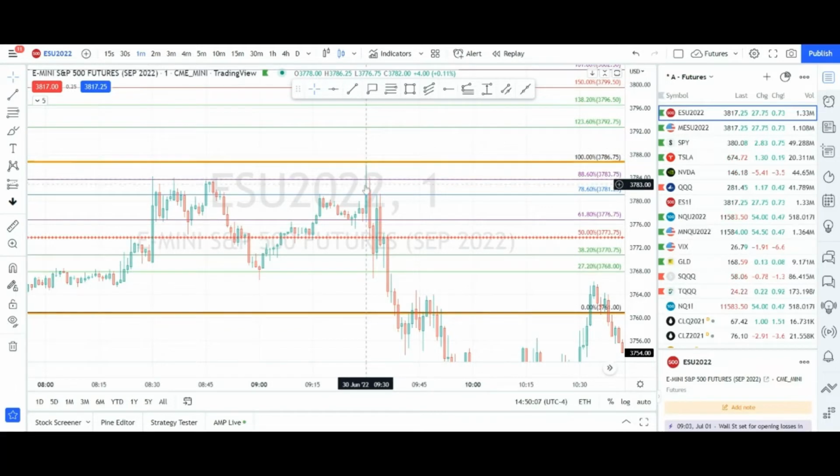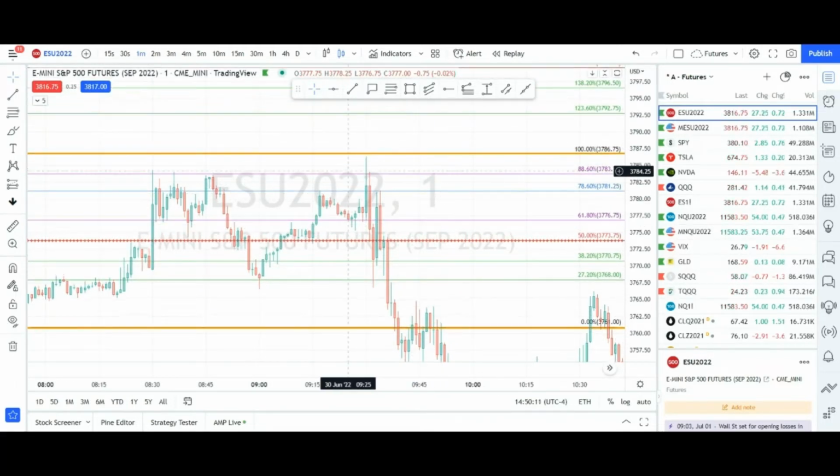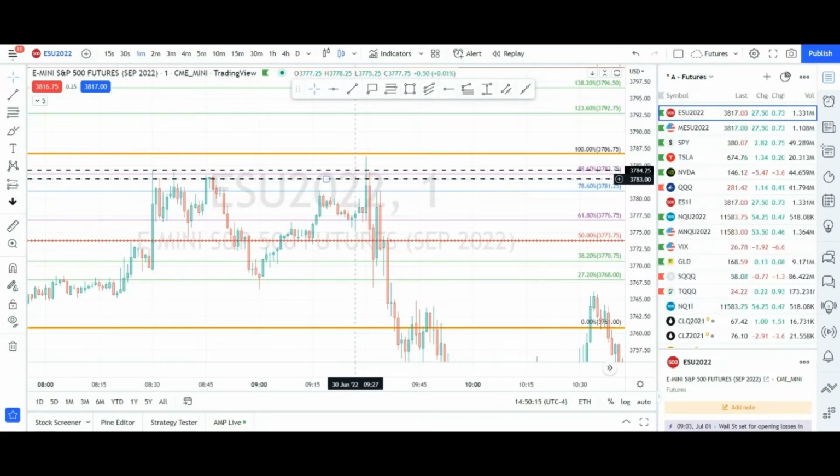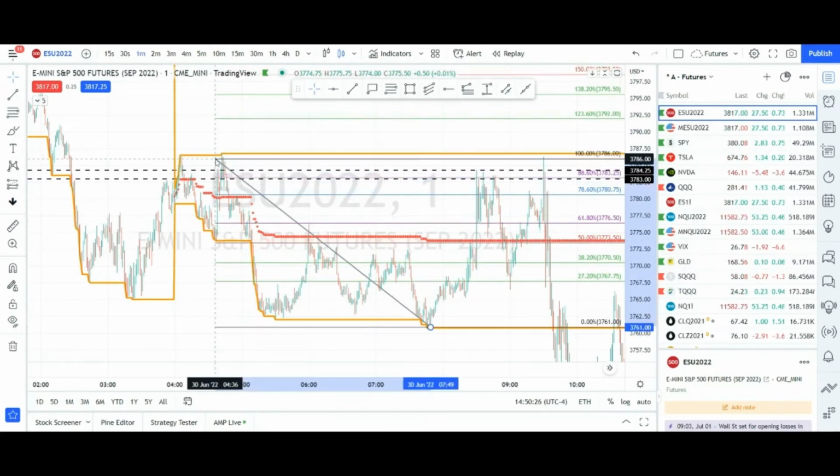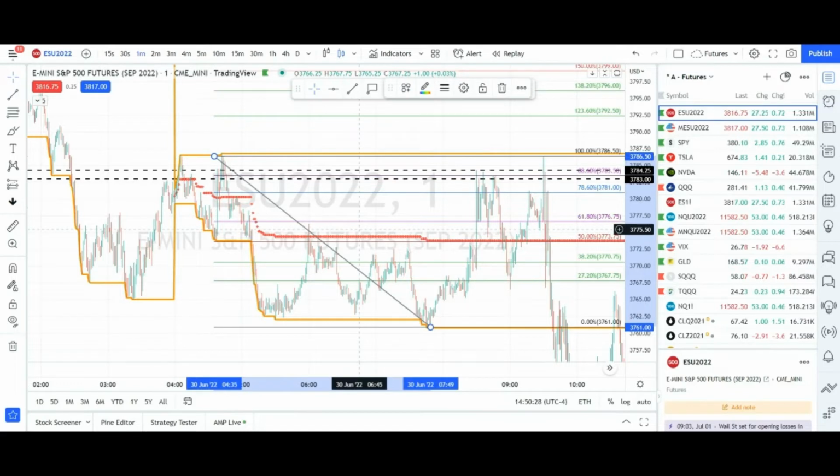My sell order can be near this 88.6%, suppose here, or it can be a little bit down from 88.6%. Why? Because I need to draw these Fibonacci levels manually, so I might by mistake put my Fibonacci level a little bit down.